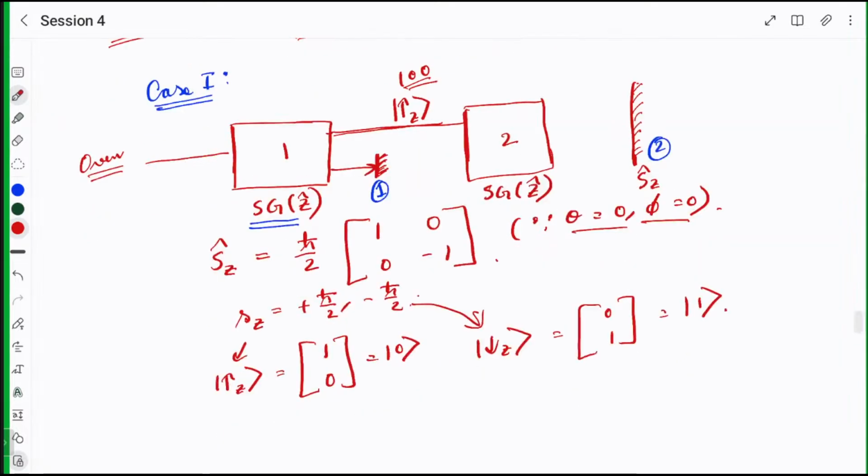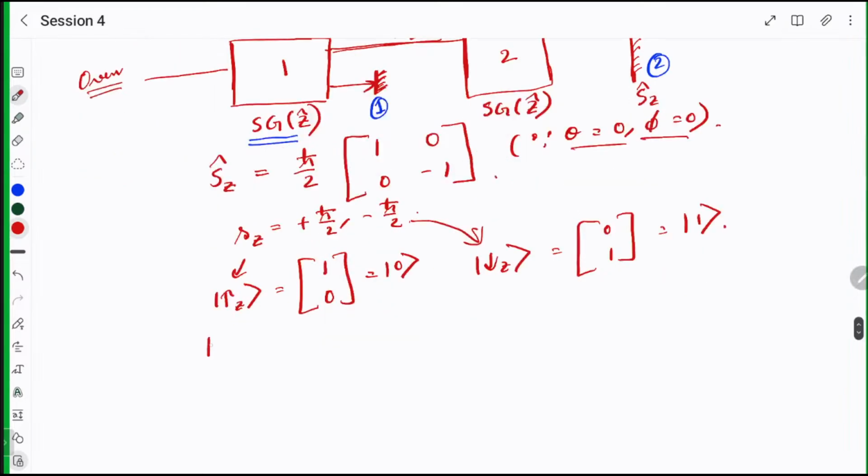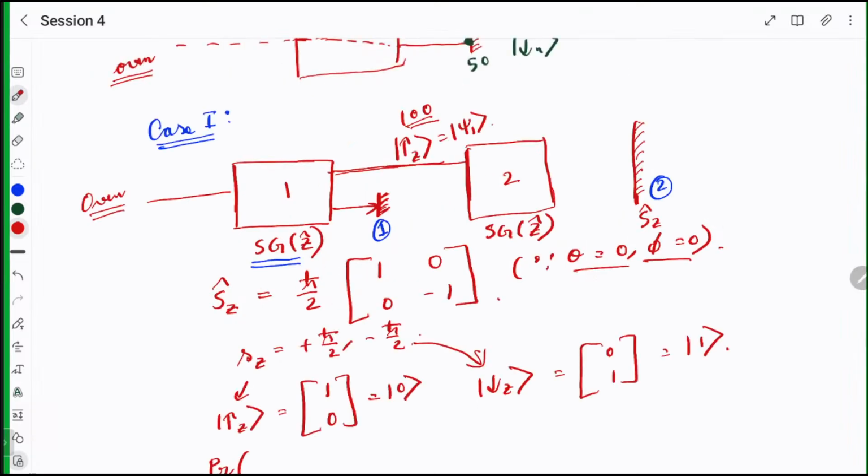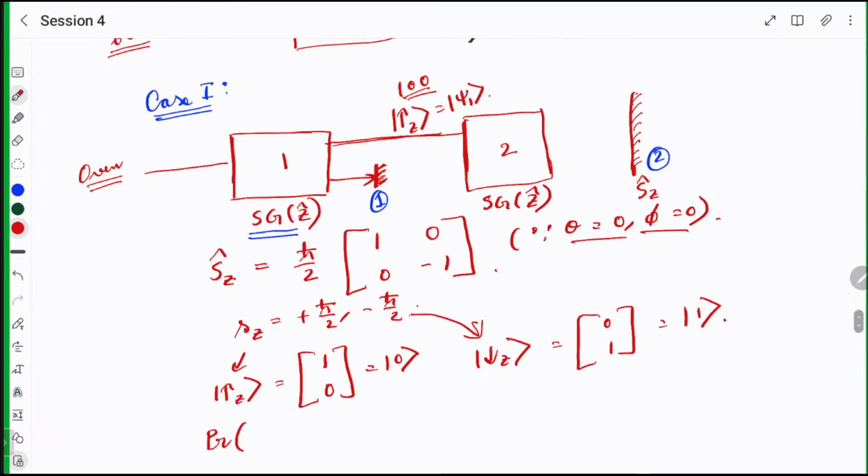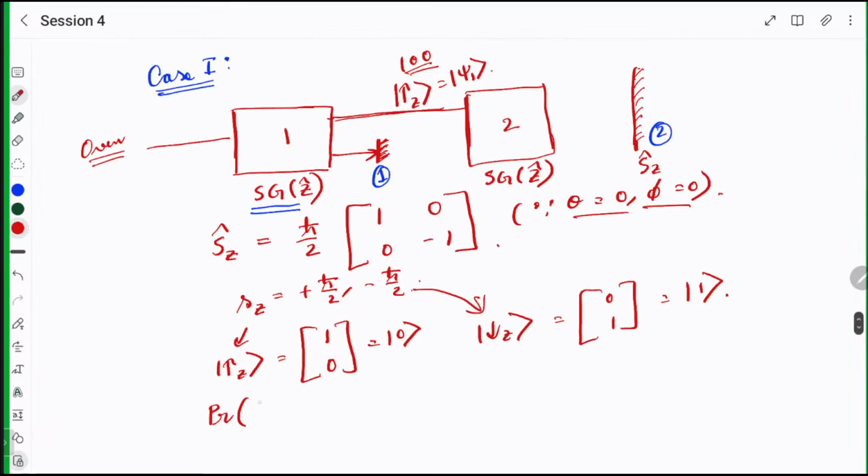So let's consider that now this is the state, right? Let's call it psi 1. I want to find the probability that it hits in the upper half, for example. If it is hitting in the upper half, then I can measure that it is Sz plus h cross by 2, right? Now, what is the eigenvector corresponding to Sz plus h cross by 2? This is up z, or 1, 0.